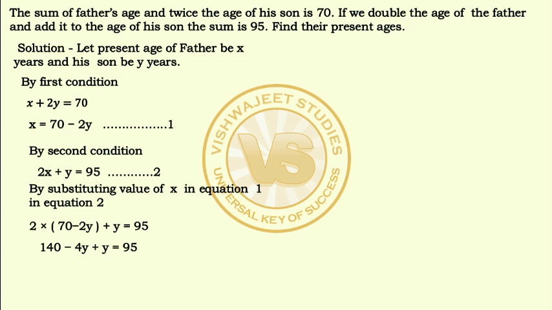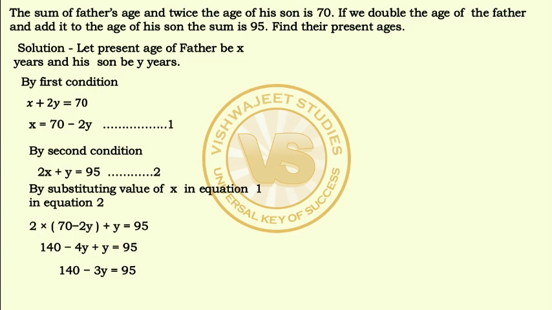Minus 4y plus y are like terms having different signs, so do subtraction of it and give the sign of the bigger number to the answer. So we get 140 - 3y = 95.